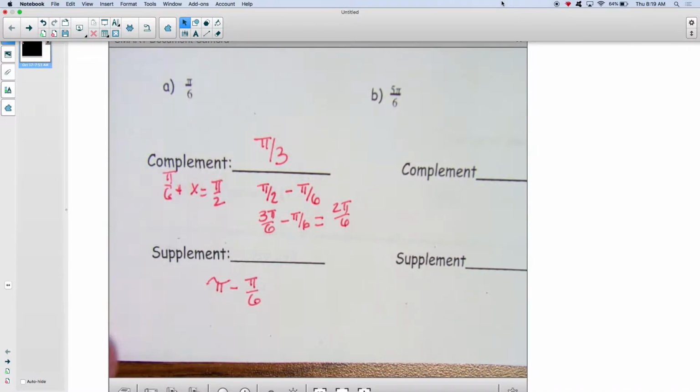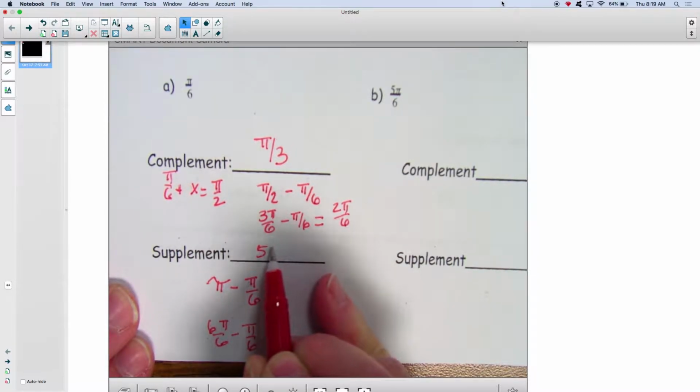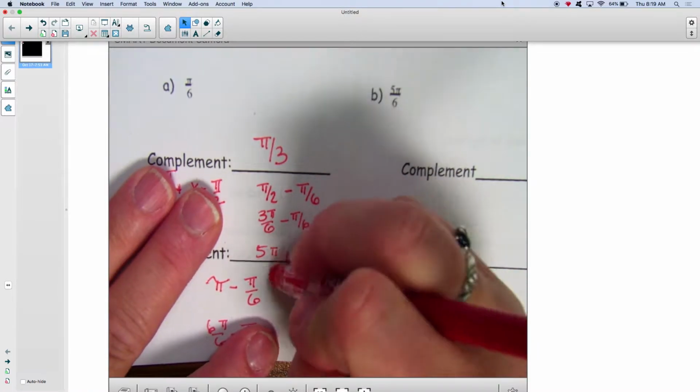Subtract it from pi. Supplementary, add to 180 or pi. Common denominator 6. So we get 5 pi over 6.